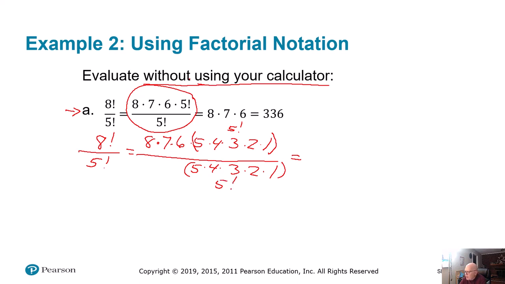So you write it as 8 times 7 times 6 times 5 factorial over 5 factorial. Those cancel out, and you can multiply the 8 times 7 times 6 in your head, well, almost, and get the result of 8 factorial over 5 factorial.